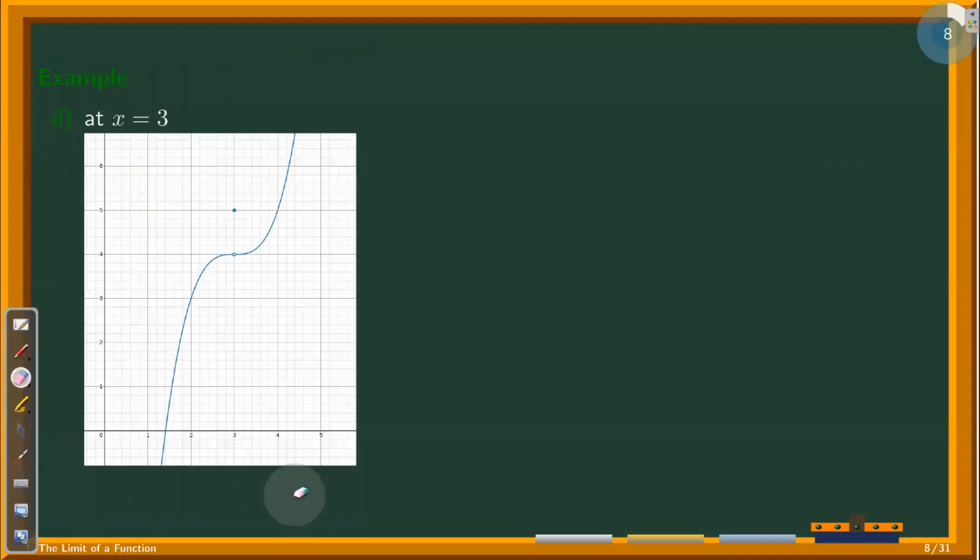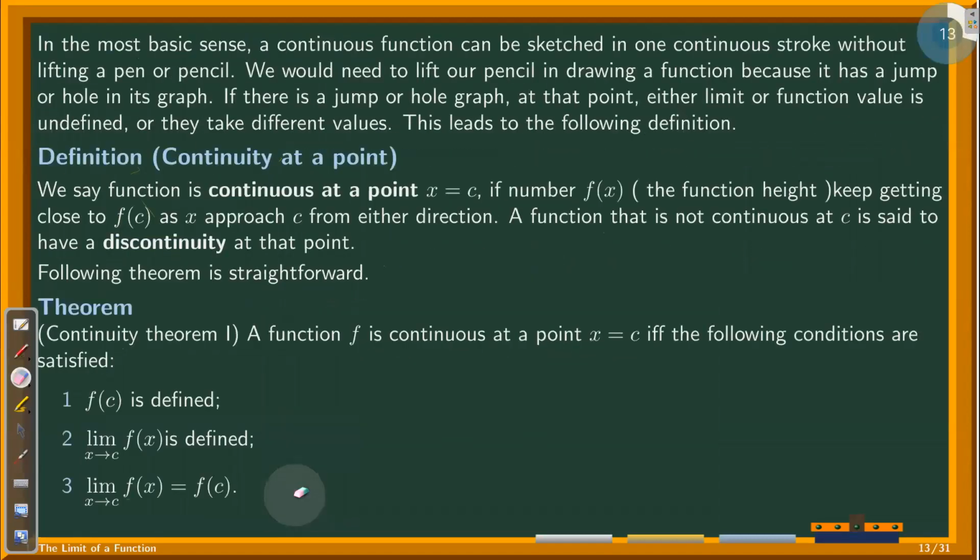So this definition of continuity tells us how, theoretically, we can check for continuity. I told you the graph and just the intuitive idea: no gaps, no jumps. This is the definition of continuity.